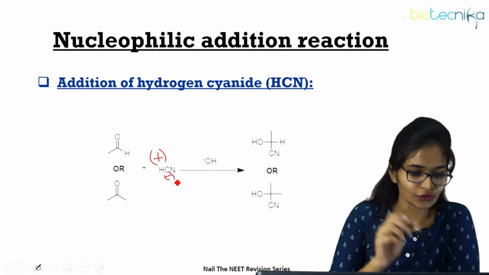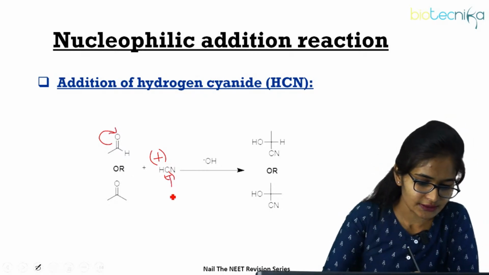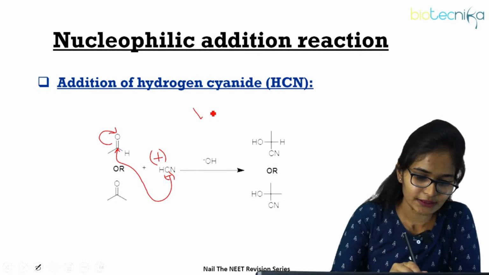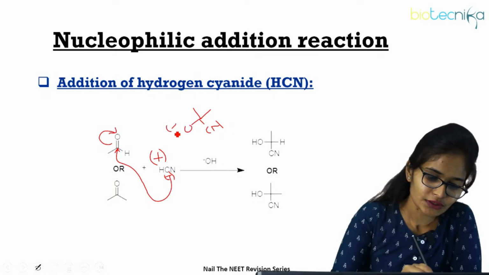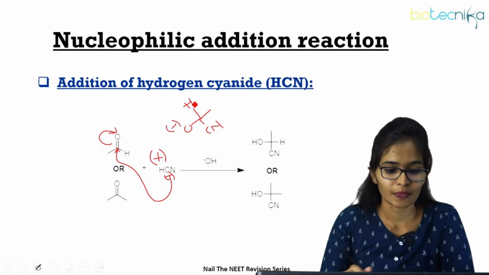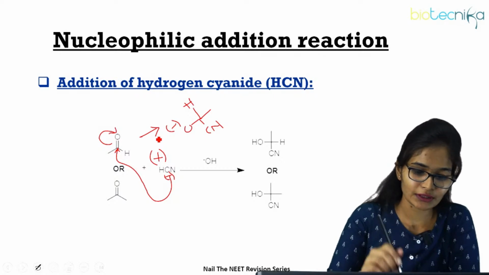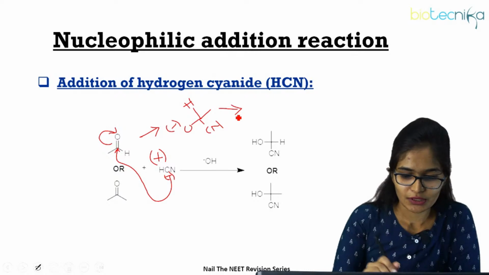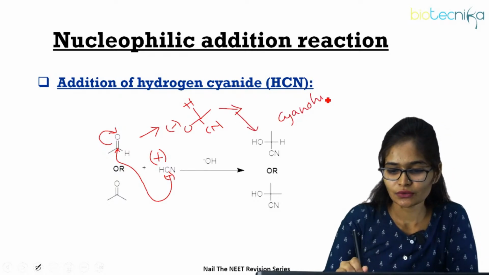We know the electron-deficient carbon is the carbonyl carbon, so the cyanide attacks the carbonyl carbon. You get CN on the carbon carrying O- and two methyl groups. Now protonate this oxygen, and you get the cyanohydrin.